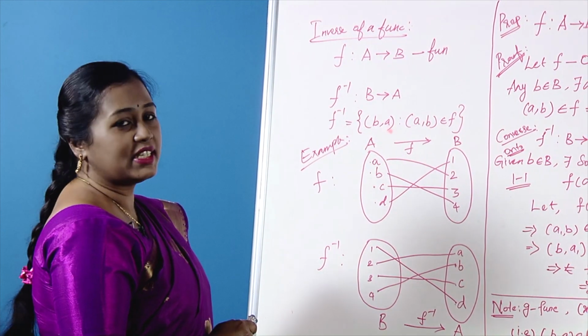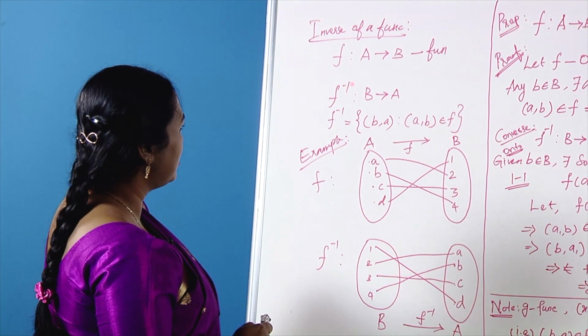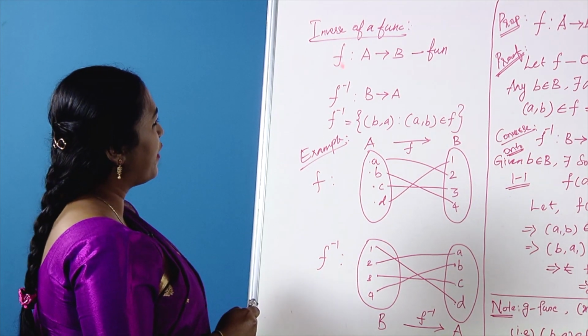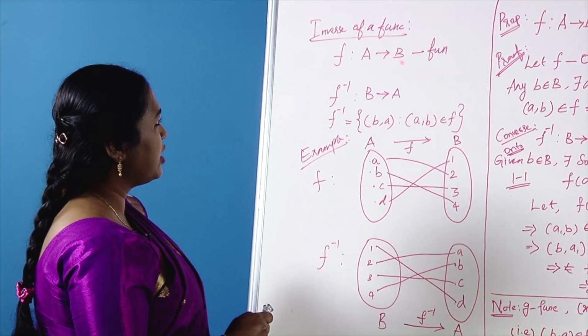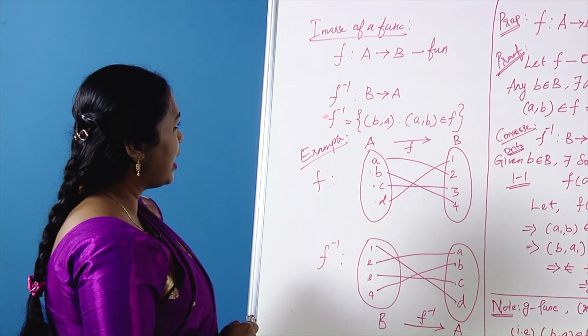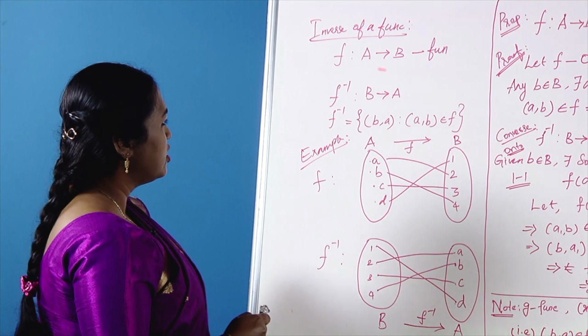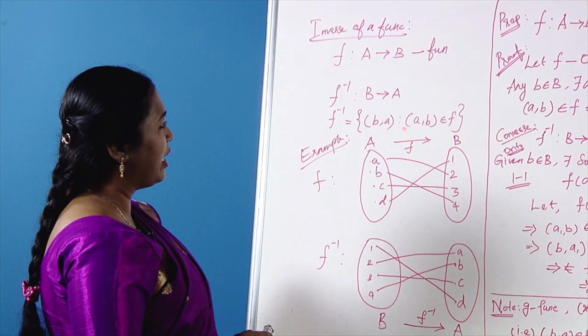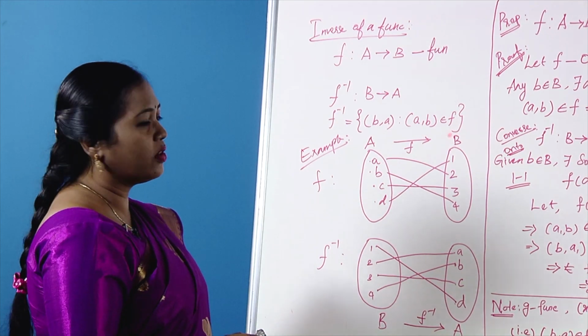Now, we have already seen that the inverse of a function begins from a function itself. So, if we have a function f from A to B, f inverse is going from B to A. So, that is what we have represented here. f inverse is a collection of ordered pairs (b, a) such that (a, b) belongs to f.